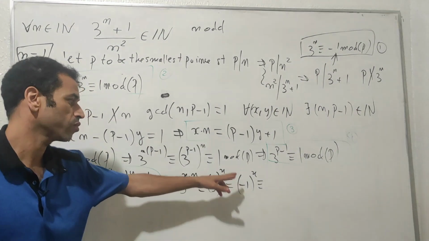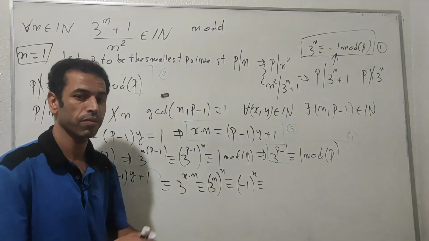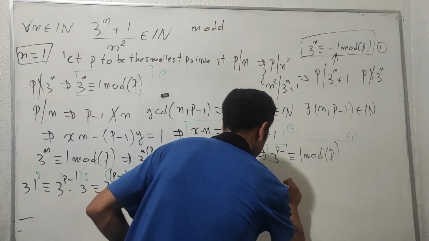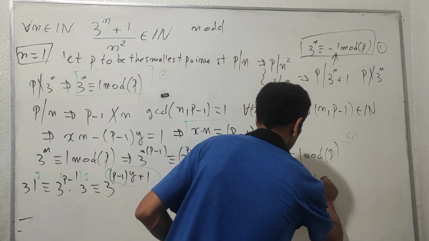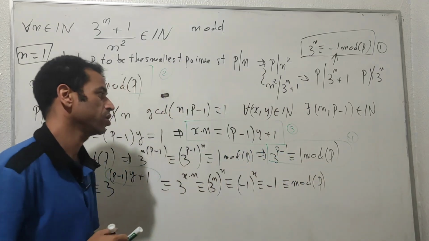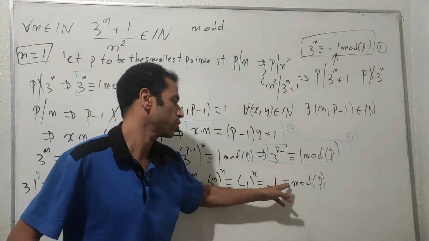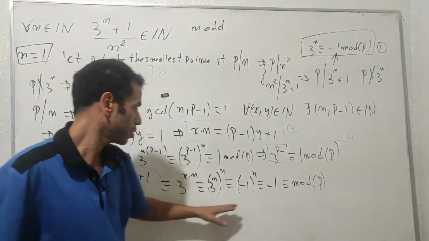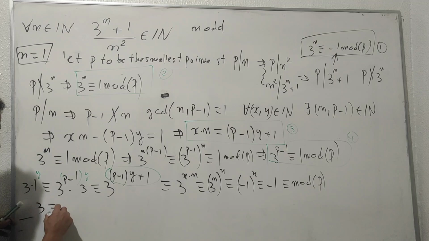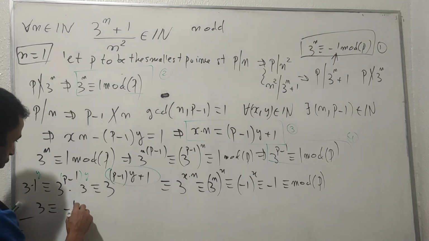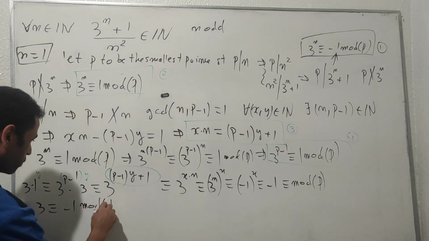Okay, x is odd. If x is odd, I'm going to take off this exponent. I get minus 1 here. So minus 1 is congruent to it mod p, because I didn't change anything here, because this one was already mod p. Okay, all the way down, which means I get 3 is congruent to minus 1 mod p.